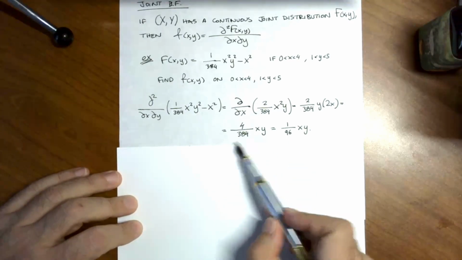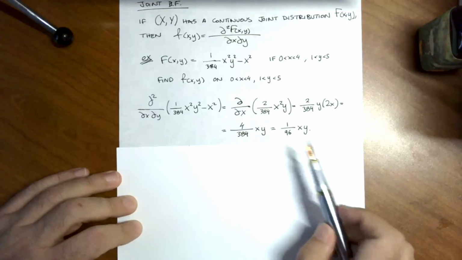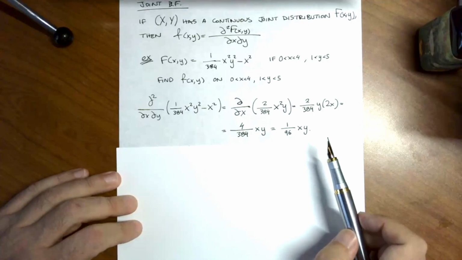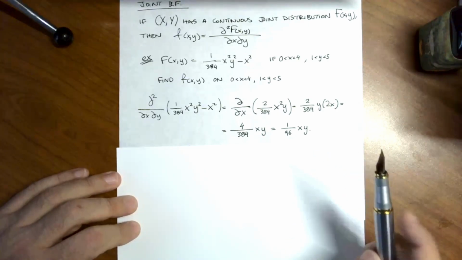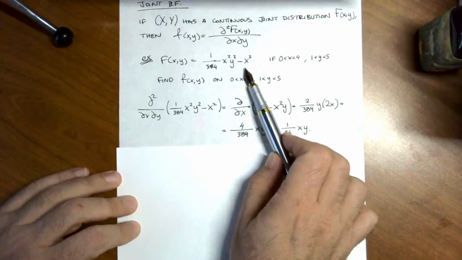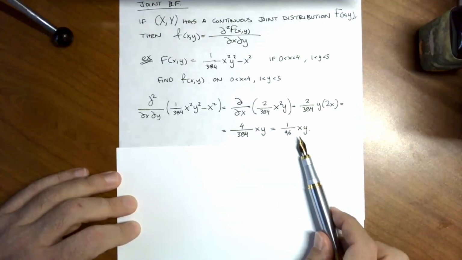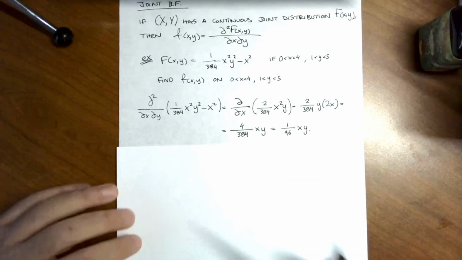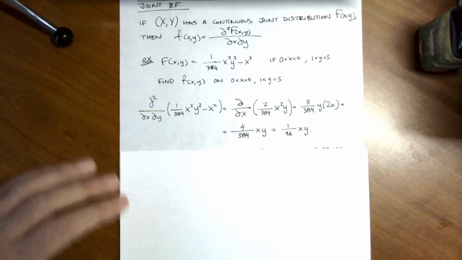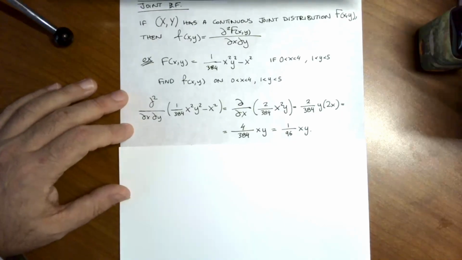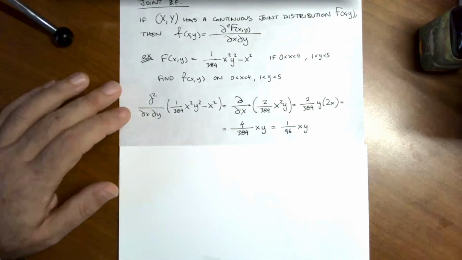Well, if you simplify this, you get to the expression that we had above, 1 over 96 times x times y. So we figured out that this expression over here is actually the distribution function for this particular joint PDF, which was good to find out, and I think you all would agree that it's an easy calculation to go from a distribution function to a joint PDF, because simply you're using derivatives rather than integration.